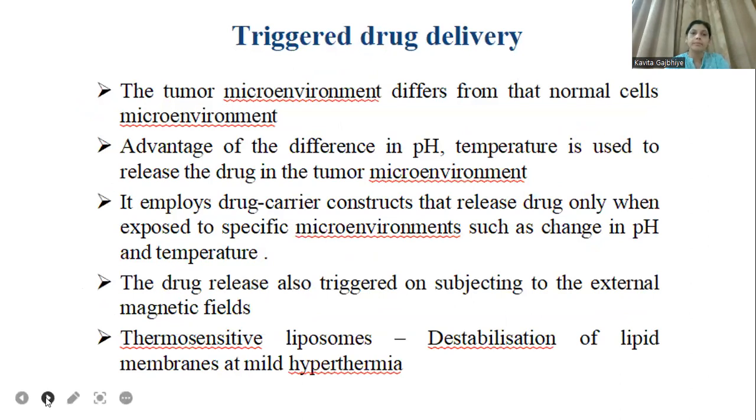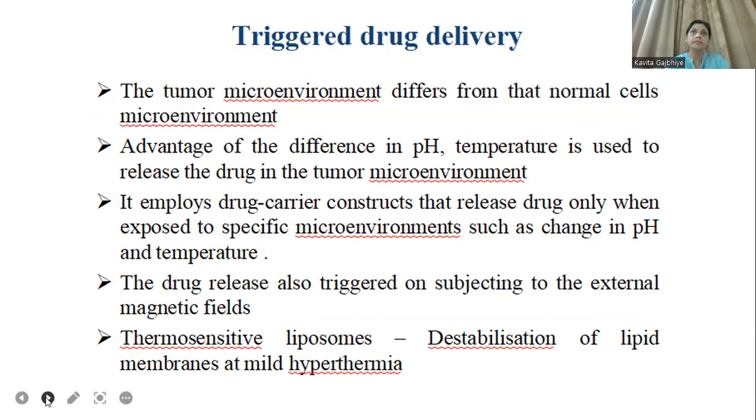After that, I am coming to the triggered drug delivery system. It is a kind of system that uses specific stimuli responsive polymers or materials, with which we can trigger the delivery or release of drug at a specific site, at a specific area.